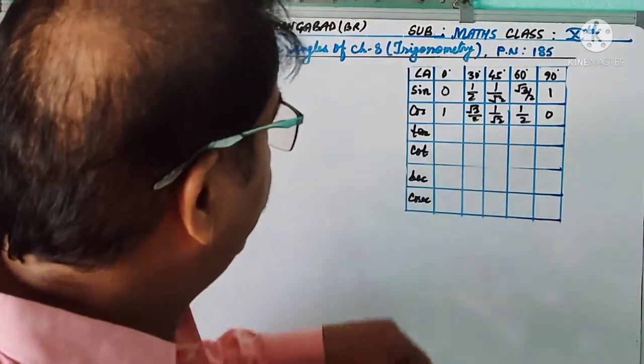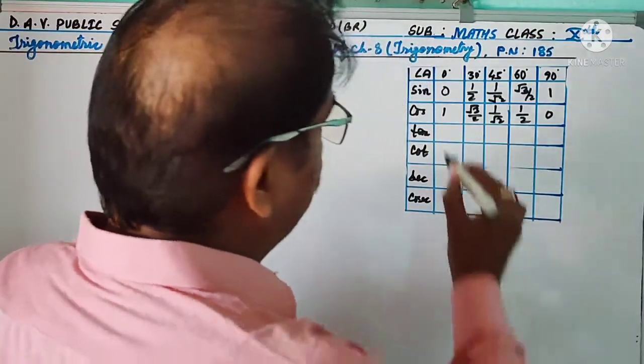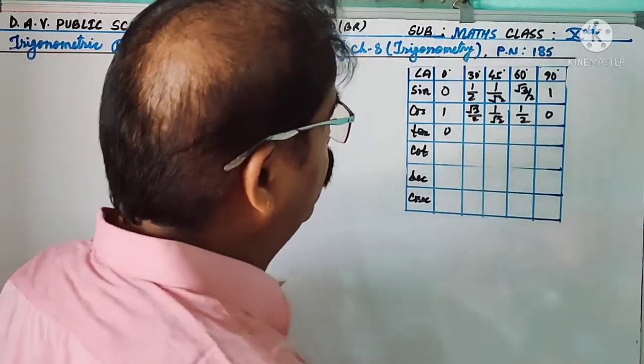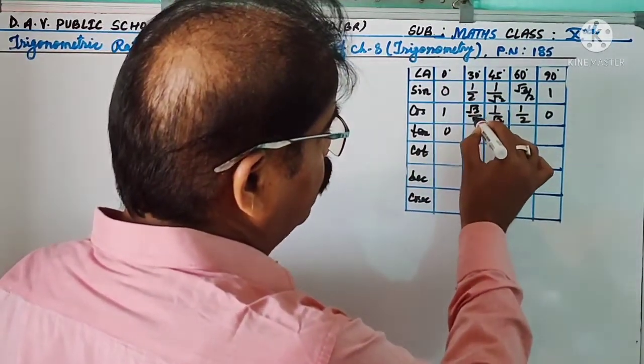And tan, we know that tan is equal to sine by cos. Sine by cos means 0 by 1 is equal to 0. 1 by 2 by root 3 by 2, the 2s cancel.